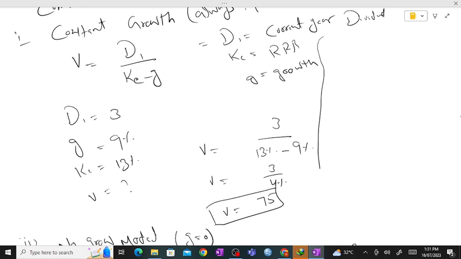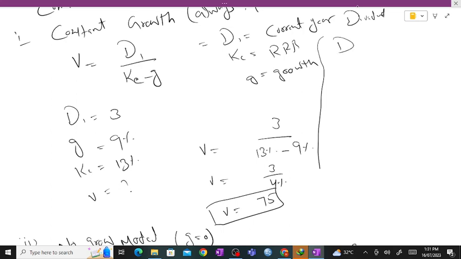Let's go back one year. If the company is offering a dividend in 2023, that would be D1. And if the company offered a dividend a year back, like 2022, that dividend would be denoted as D0. That means this is the previous year dividend.